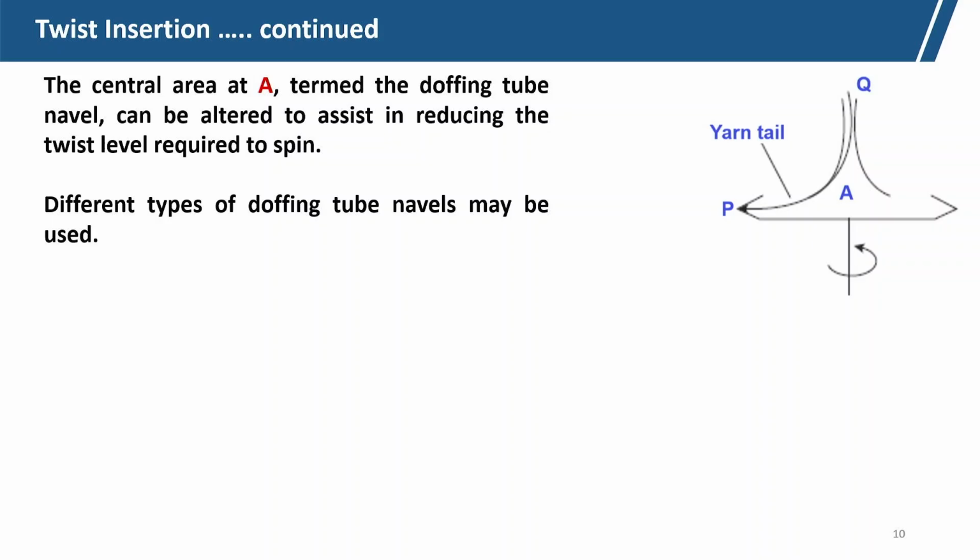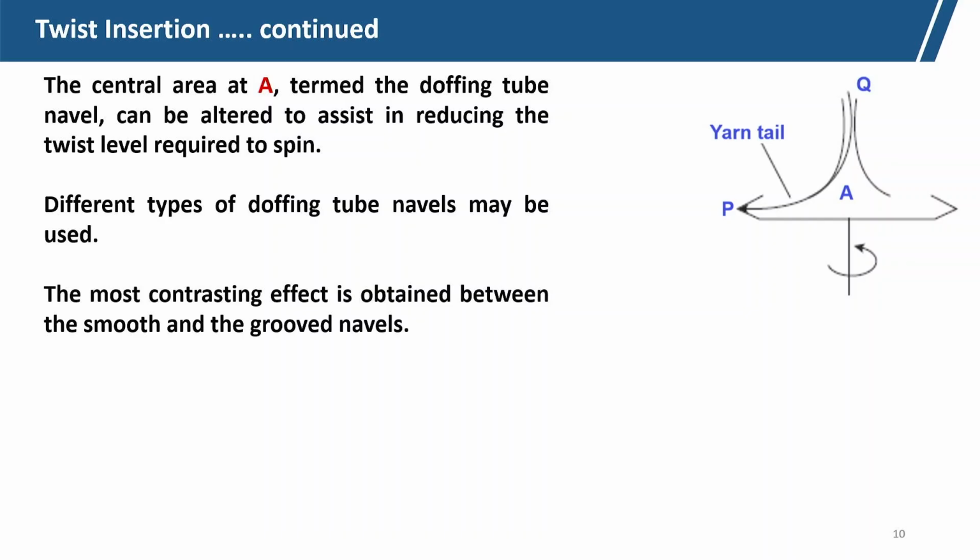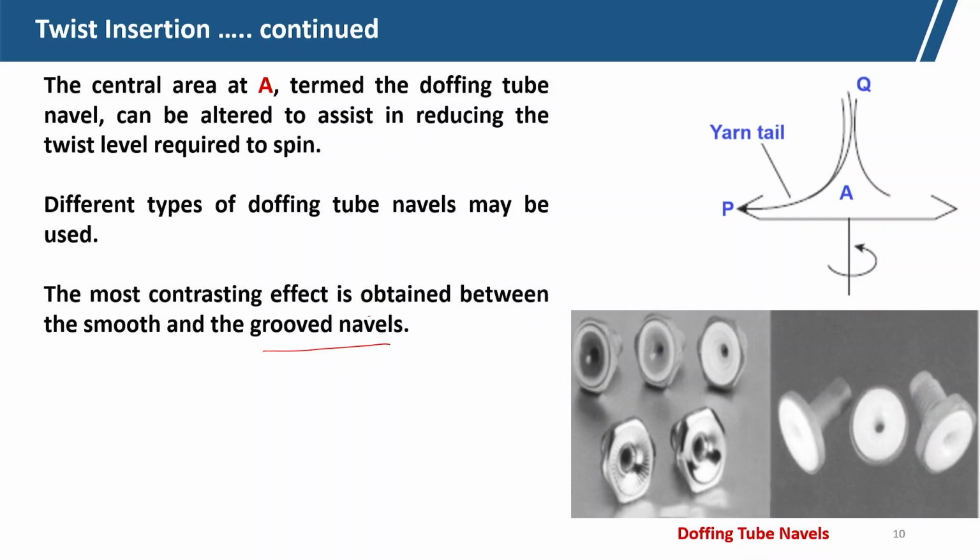Different types of doffing navels are used. The most contrasting effect is to be obtained between the smooth and grooved navel. So, these are the different types of doffing tube.